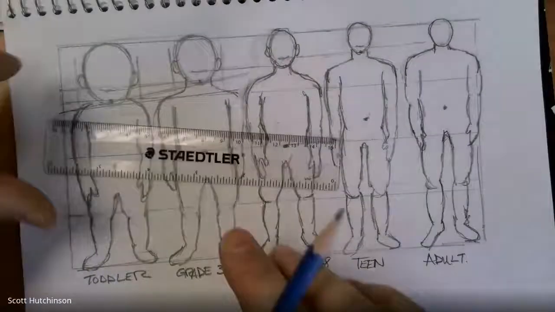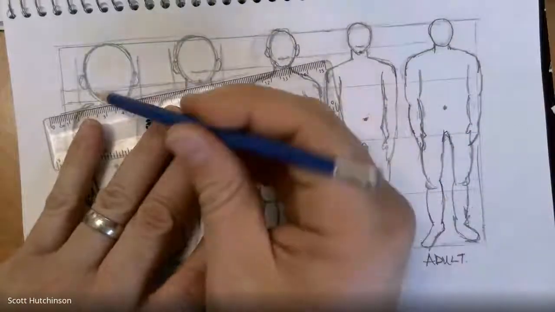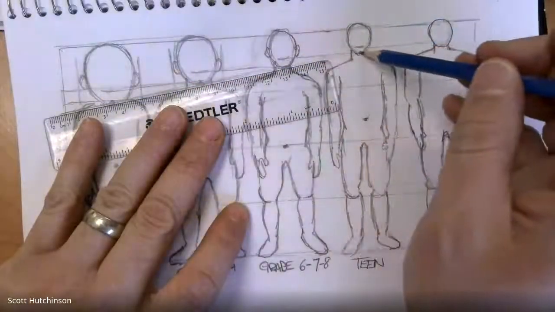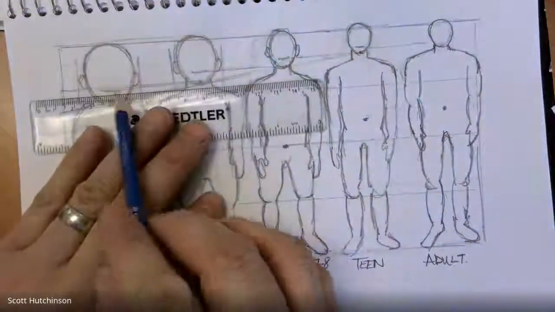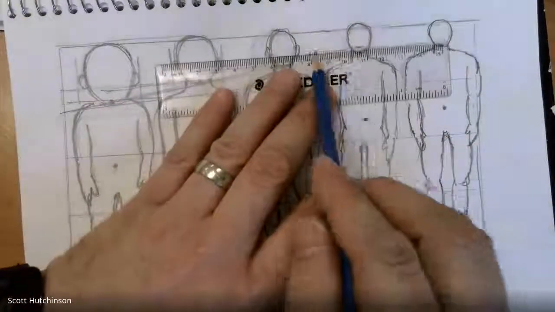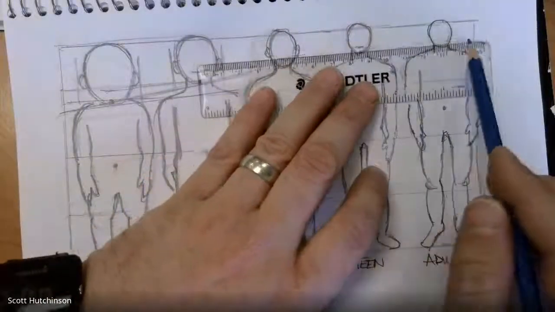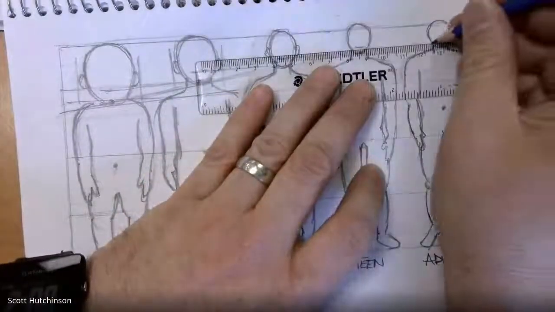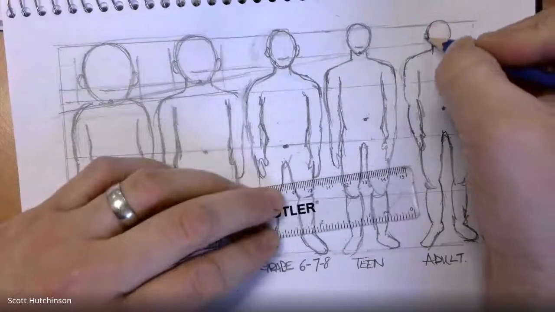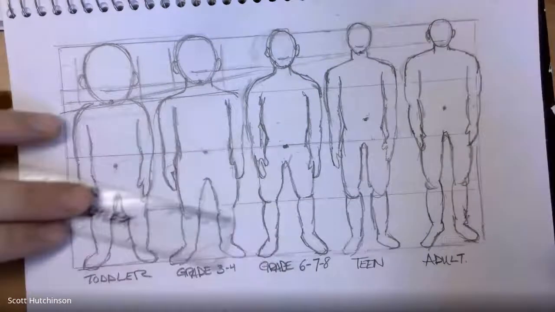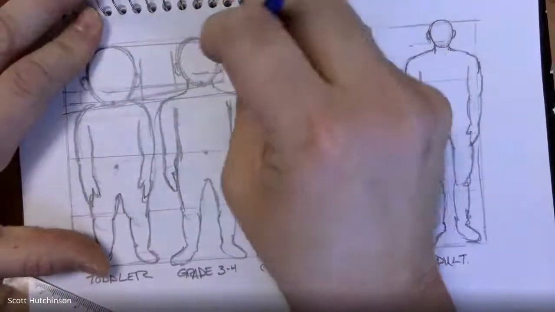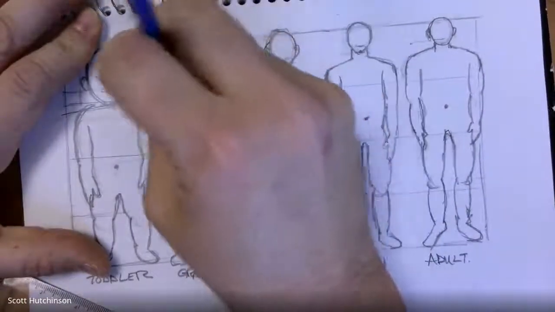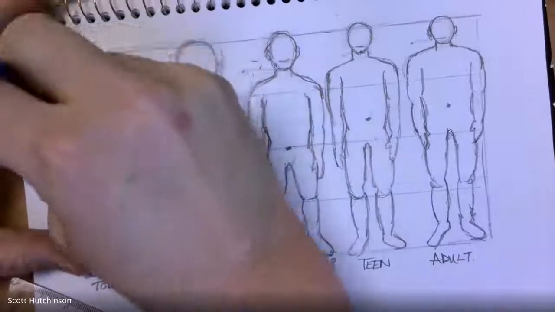These lines, again, like I was just showing, show the progression from toddler to an adult in terms of chin. We use the mouths from each aged human proportion before to determine where the chin was going to be. I'm just going to clean up some of these lines, make it a little bit easier to see.